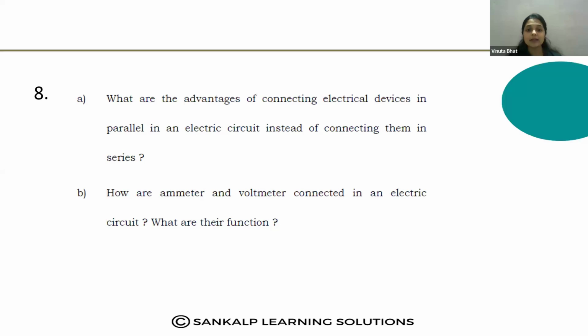How are the ammeter and voltmeter connected in an electric circuit? What are their functions? Here, the ammeter is connected in series and the voltmeter is connected in parallel.